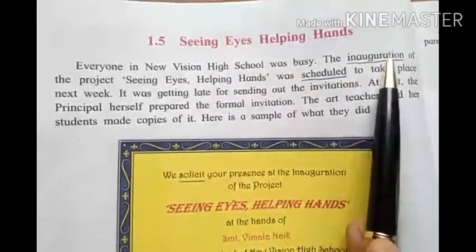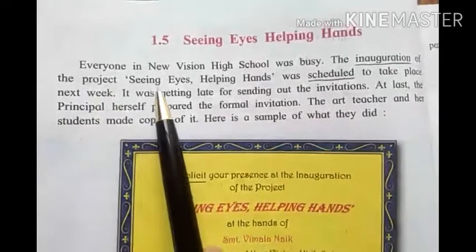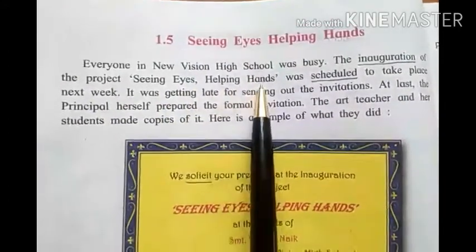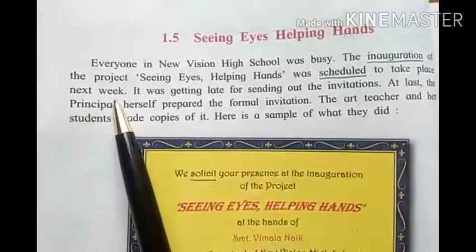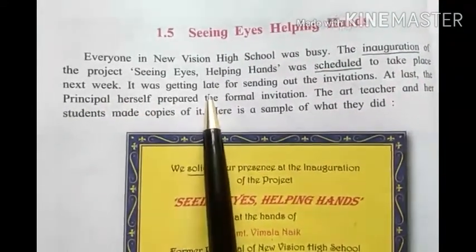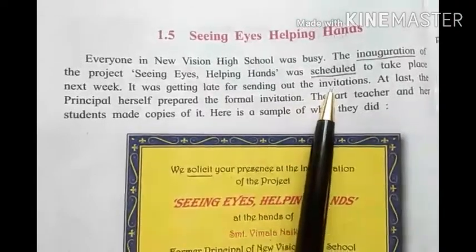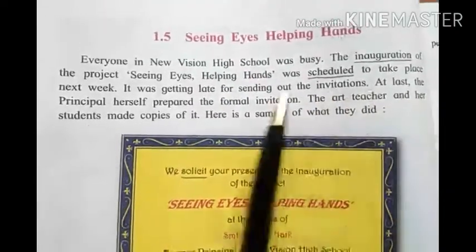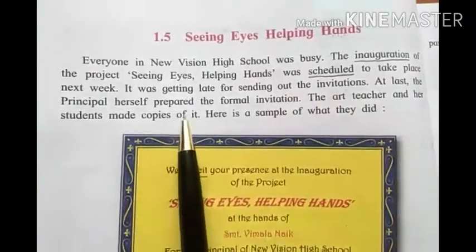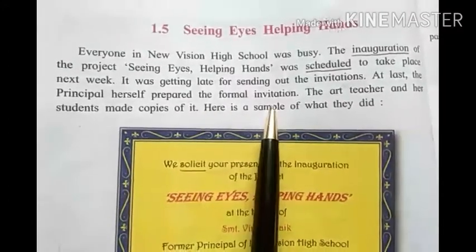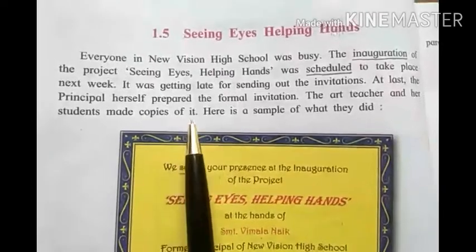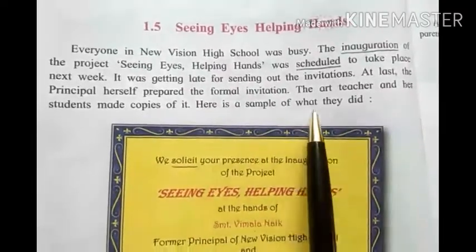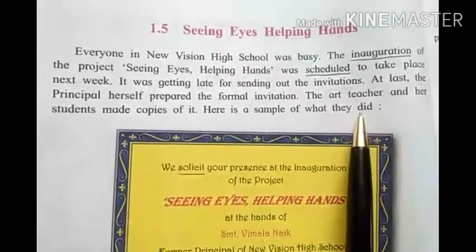The inauguration of the project Seeing Eyes Helping Hands was scheduled to take place next week. It was getting late for sending out the invitations. At last, the principal herself prepared the formal invitation. The art teacher and her students made copies of it. Here is the sample of what they did.